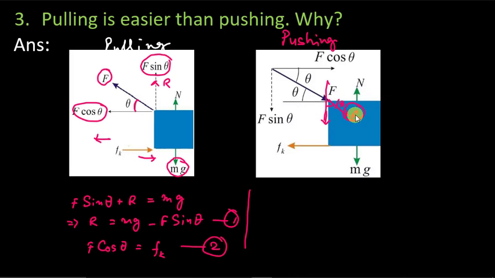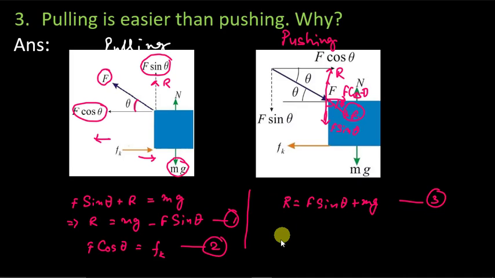So F sin theta is acting vertically downward and F cos theta is acting along this, and normal reaction R is acting vertically upward. So we can write the equation R is equal to F sin theta plus mg. So this is equation 3.